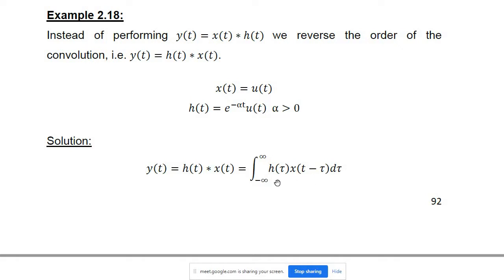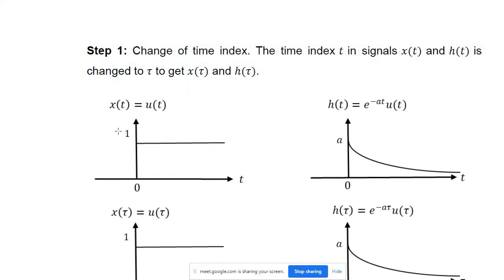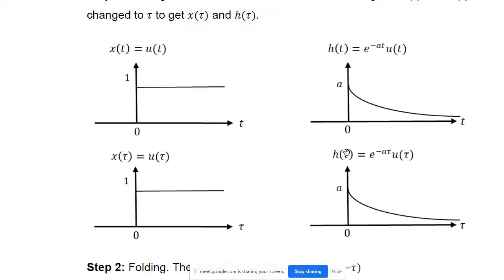So the formula also changes to the integral of h(tau) x(t minus tau) d tau. For the first step, of course, you change the time index from x(t) to x(tau) and h(t) to h(tau).